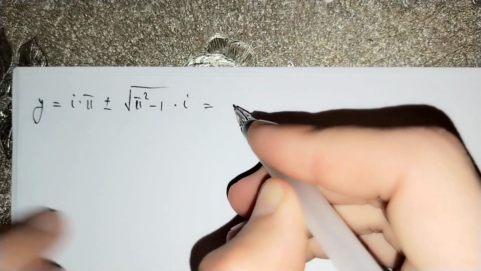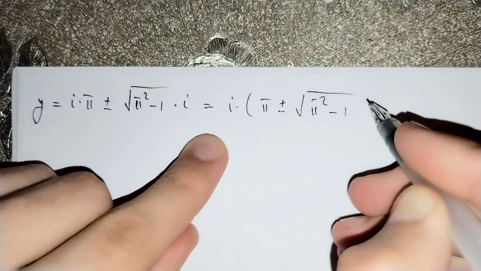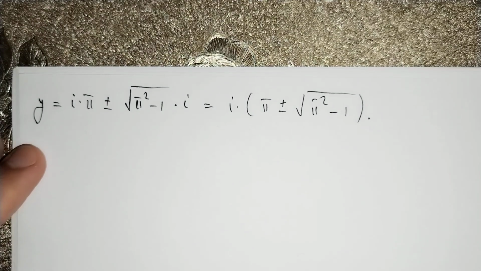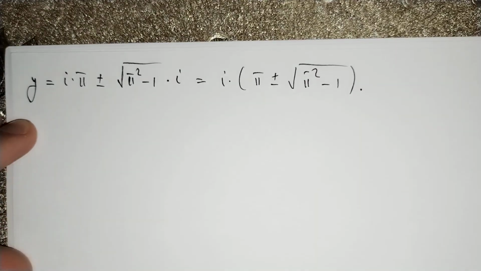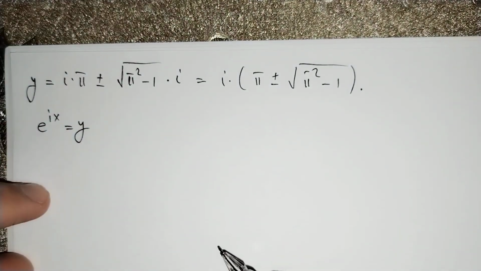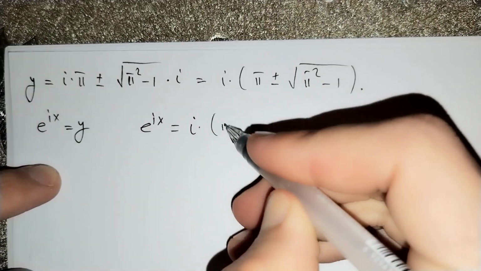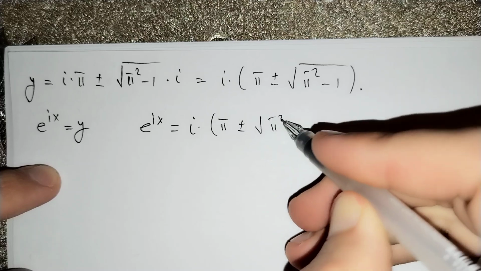y equals i times pi plus minus the square root of pi squared minus 1 times i, and it gives i times pi plus minus the square root of pi squared minus 1, and y equals e power ix. e power ix equals y, and e power ix equals i times pi plus minus the square root of pi squared minus 1.